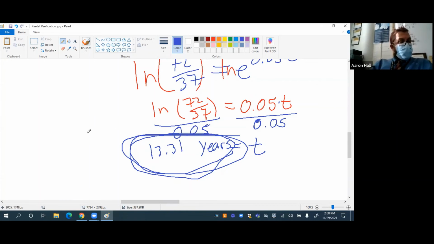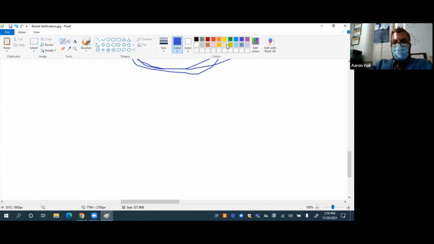All right, let's do another one. How much time is required for an investment to triple in value if the interest is earned at 5.75% compounded continuously?